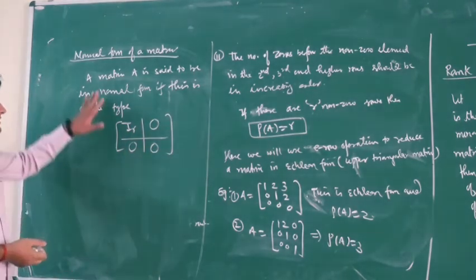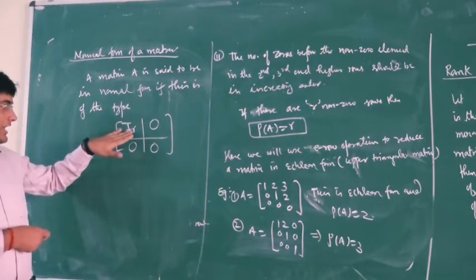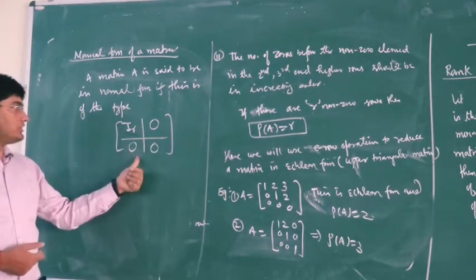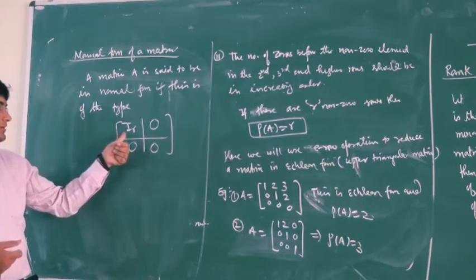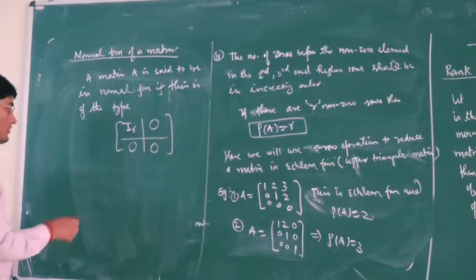So if a matrix is of this type, that means we have the diagonal as 1 and the rest of the elements as 0, and then we will say that the rank of the matrix is R, because we have R non-zero rows.